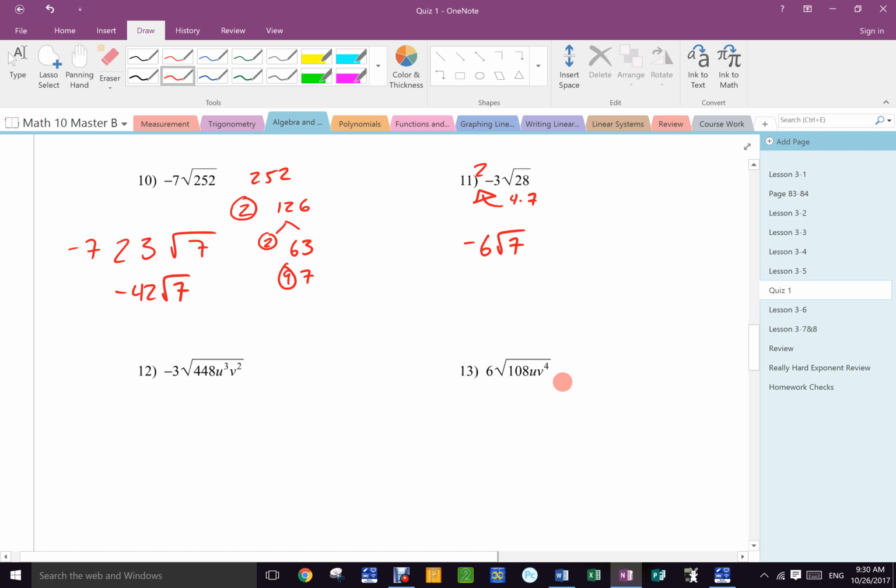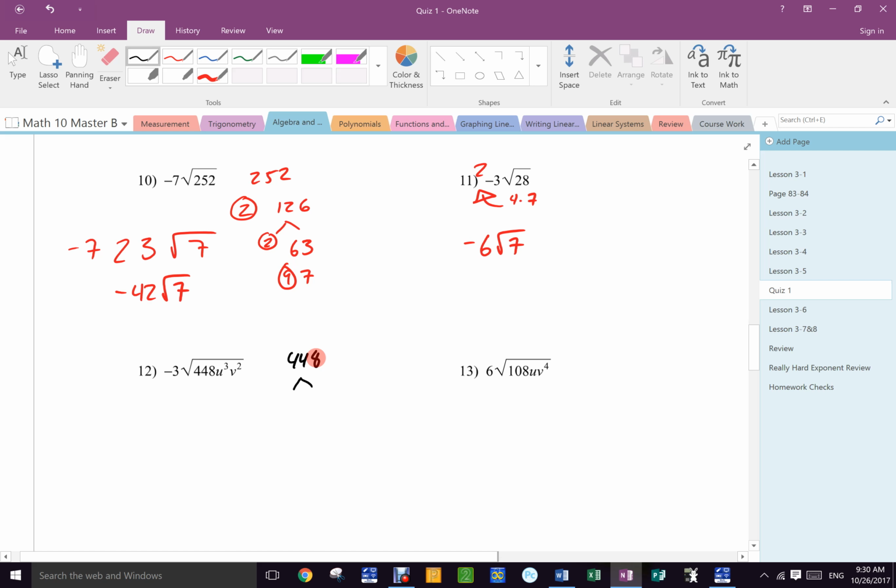Now we get to what I never even showed you. Because it's the next logical step, isn't it? If there were no exponents there, what would you do? You'd break down 448, right? So let's break down 448. What's the first one that you're going to start with?